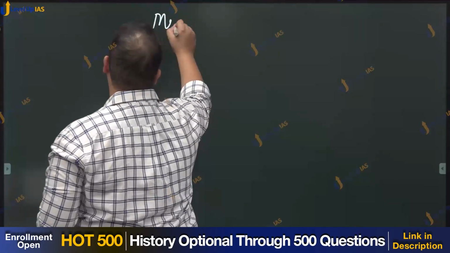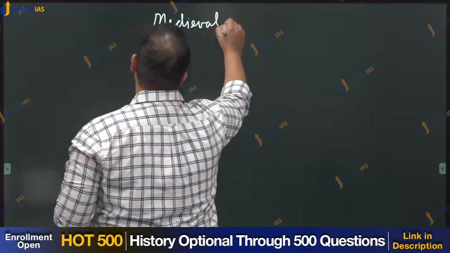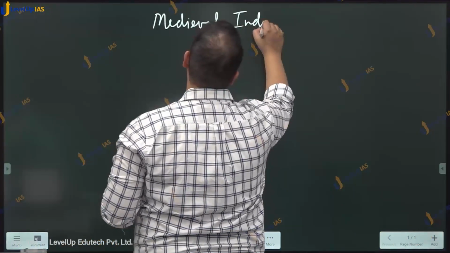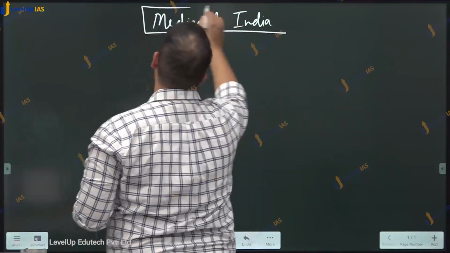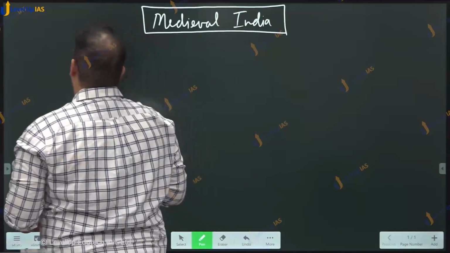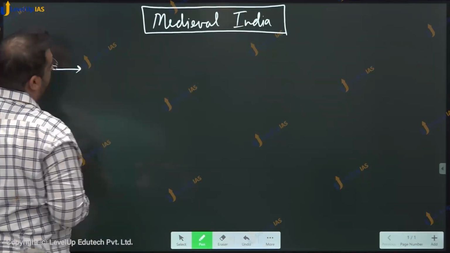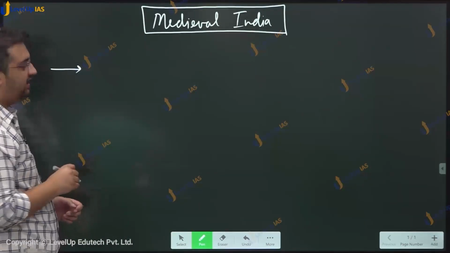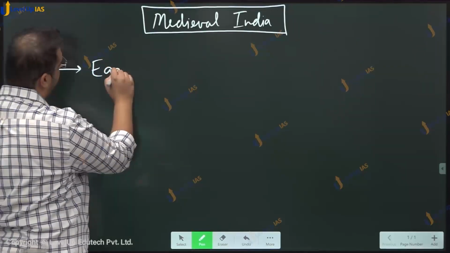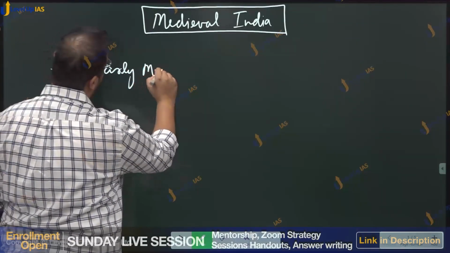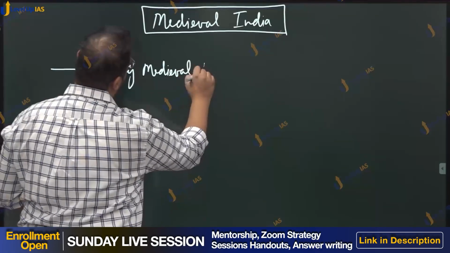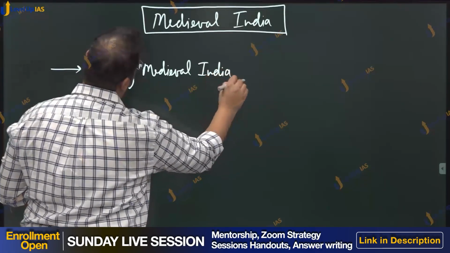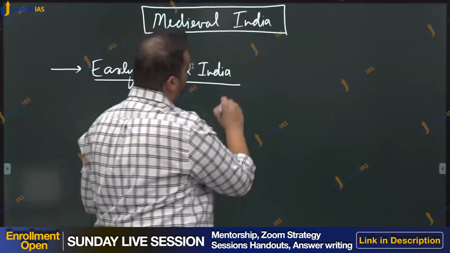So today we are going to start with part 2 of our optional paper 1, that is medieval India. Now, one portion of medieval India we have partially covered already, that is early medieval India. ये हो चुका है हमारा.